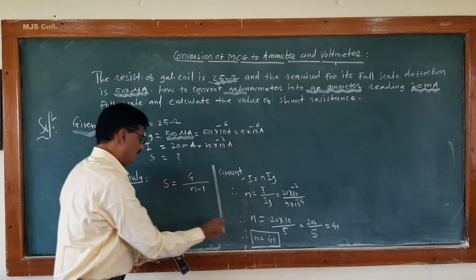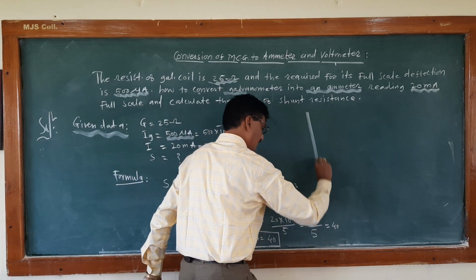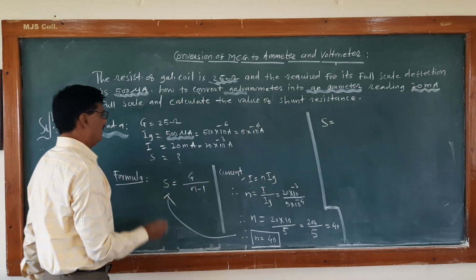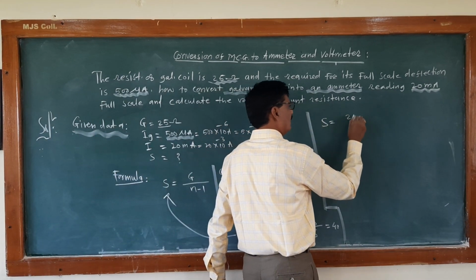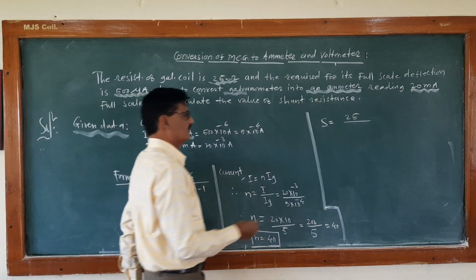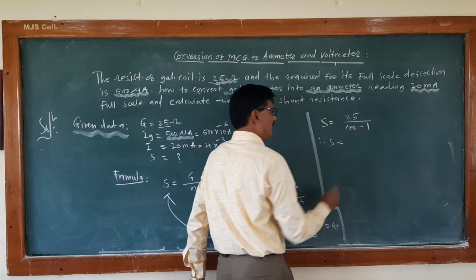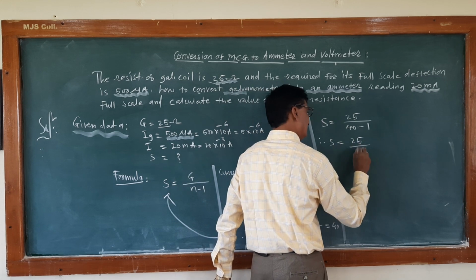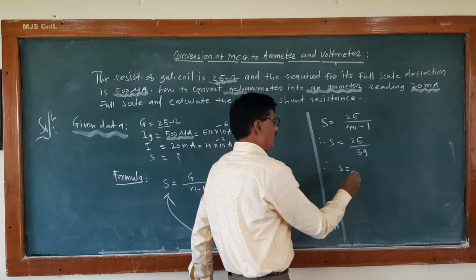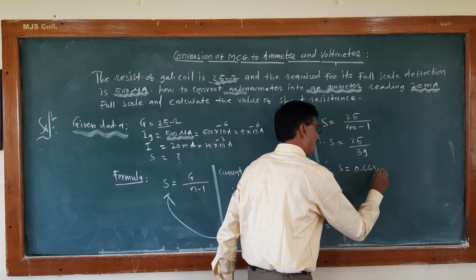If you substitute this value in this equation, S is equal to G upon n minus 1. The value of G is 25, divided by n minus 1, the value of n is 40 minus 1. After calculating this, S is equal to 25 upon 39, and after calculating, S is equal to 0.641 ohm.